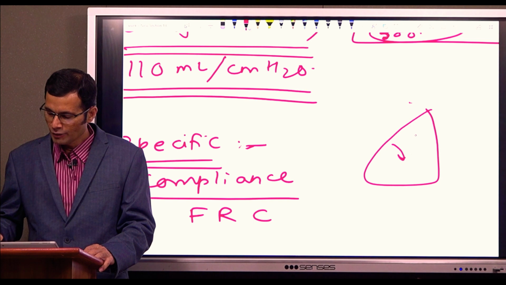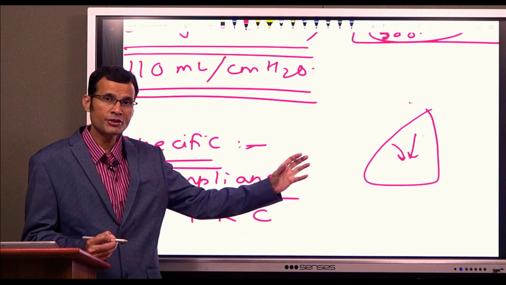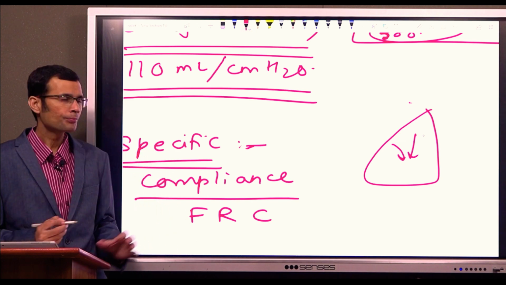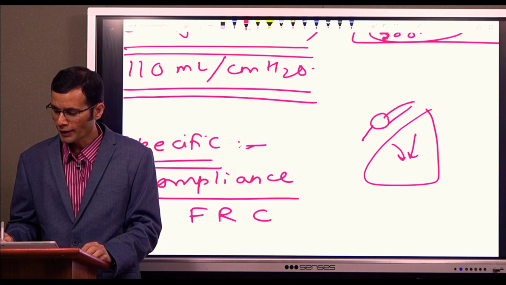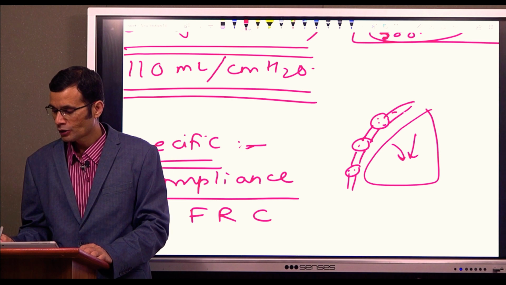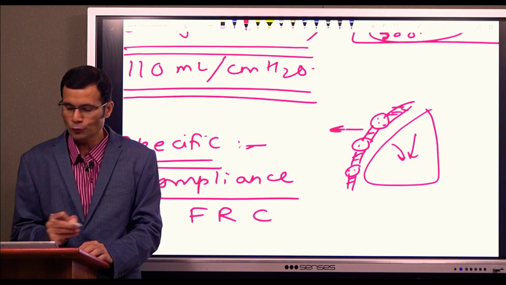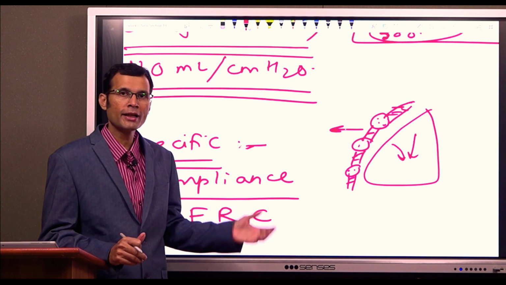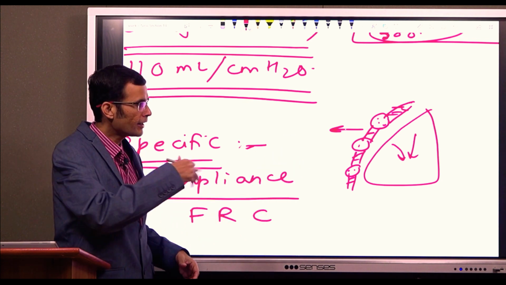The lung has inward recoil tendency, which is their natural tendency because of the surface tension within the alveoli. The alveoli have a collapsing tendency, whereas the thoracic cage, this is a cross section of the thoracic cage, has a natural tendency to move outward. At the end of quiet expiration, the thoracic cage muscles will contract and it has a tendency to move outward.